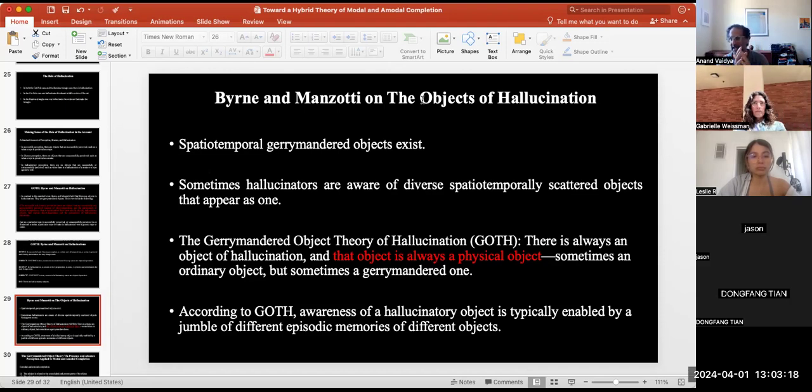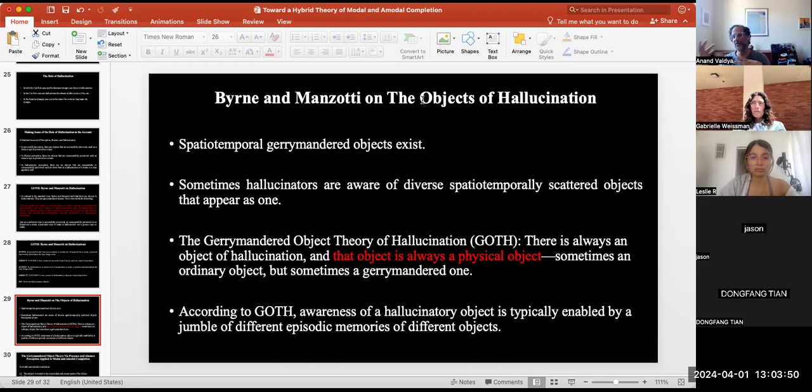So some people might say, well, there's the glass, and then there's a shattered glass, but the shattered glass isn't an object. The glass is an object. If you have a gerrymandered object of spatial relations, you might say that, no, the shattered glass is an object at a given time in space. It's just that its spatial parts are not co-located the way the glass was at an earlier time. So that's spatial gerrymandering of an object.